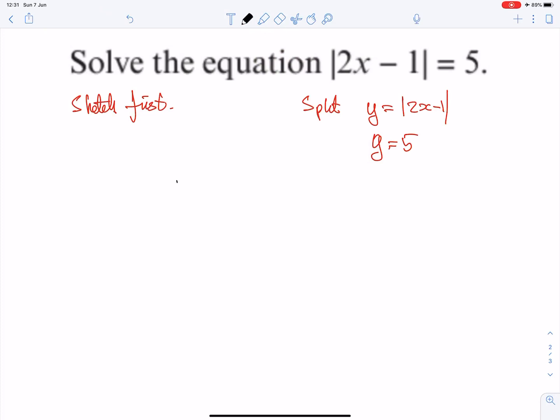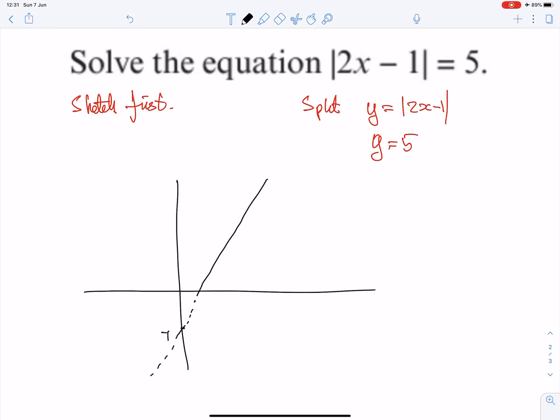Well, let's start with the 2x minus 1. Minus 1 will be down here somewhere. 2x is fairly steep. Dash when it becomes negative, and then reflect it.